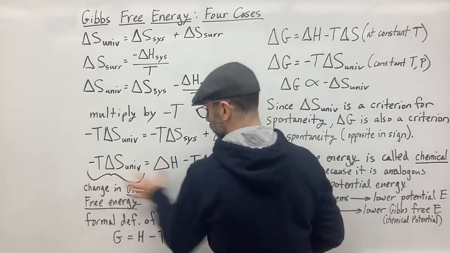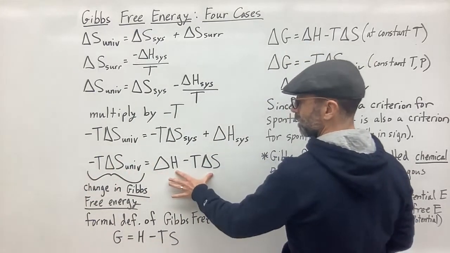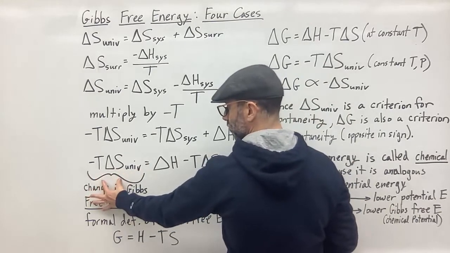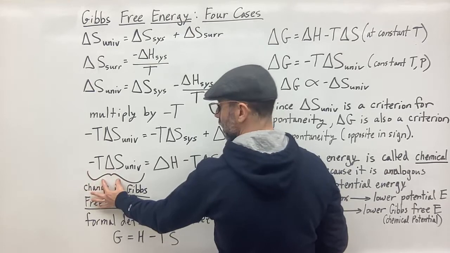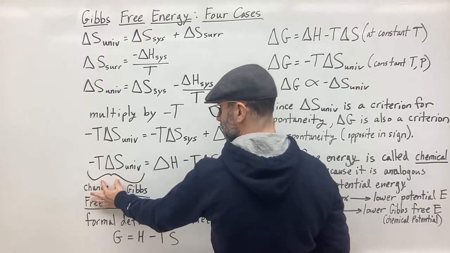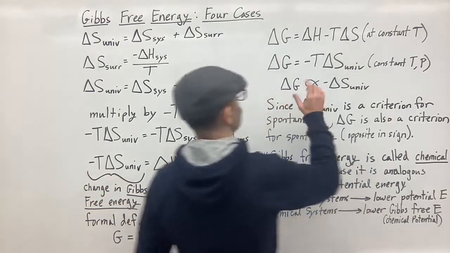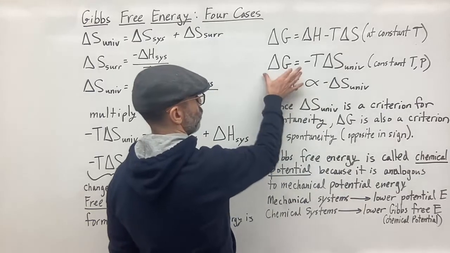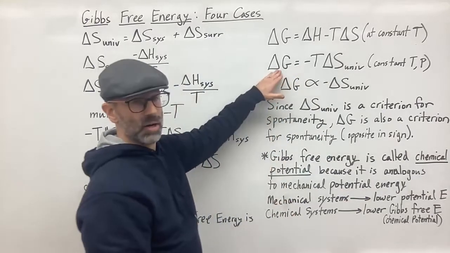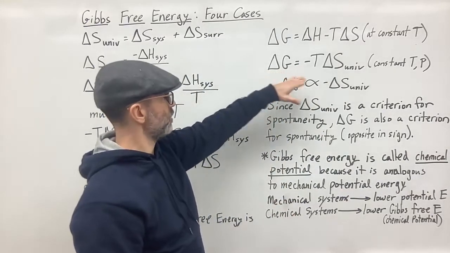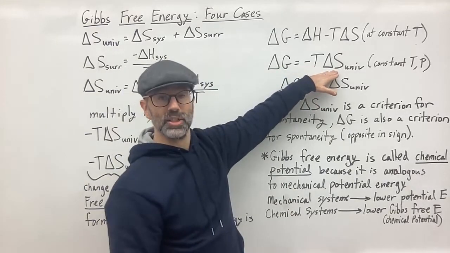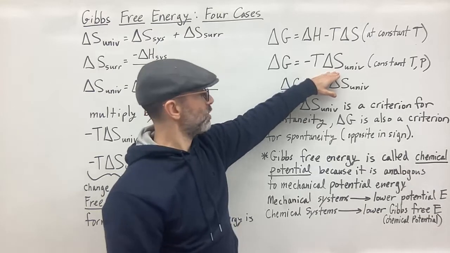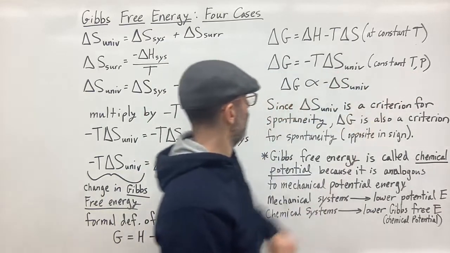This here is also equal to the same thing. So that means that the negative temperature multiplied by the change in entropy of the universe is equal to the change in Gibbs free energy, at constant temperature and pressure.